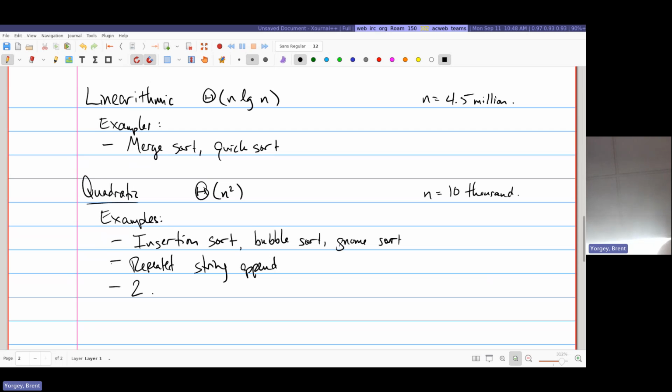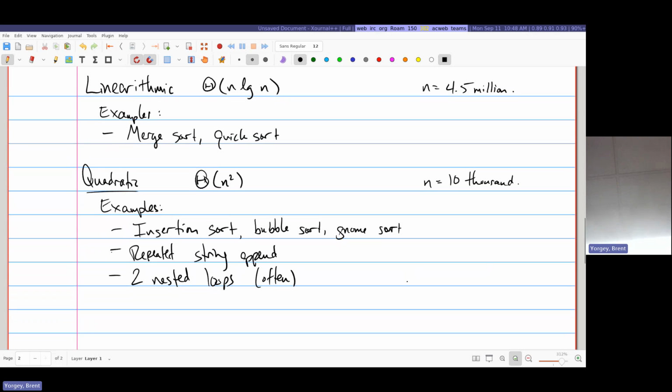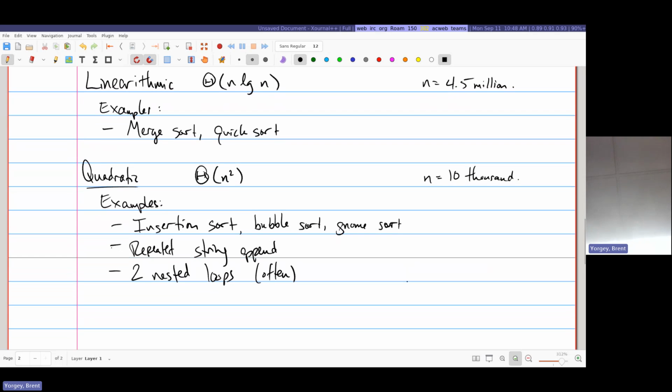And in general, if I have two nested loops, it depends what the loops are, but if you're just looping from 1 to n and you have two nested things, that's going to be n squared. And we mentioned this a second ago: when I am repeatedly appending to strings, it's not just n times n, it's 1 plus 2 plus 3 plus 4 plus 5 up to n, right?